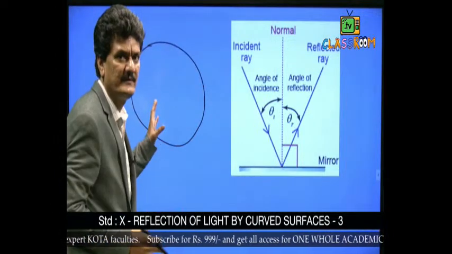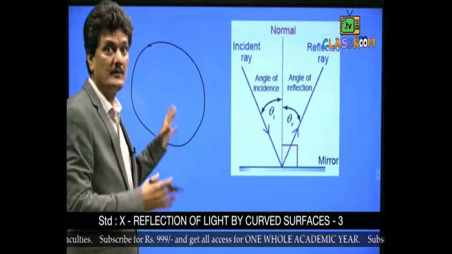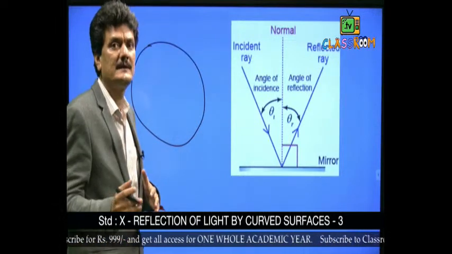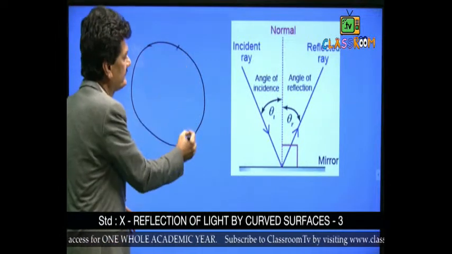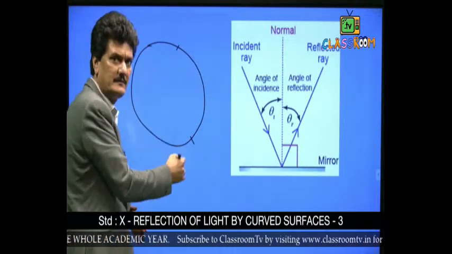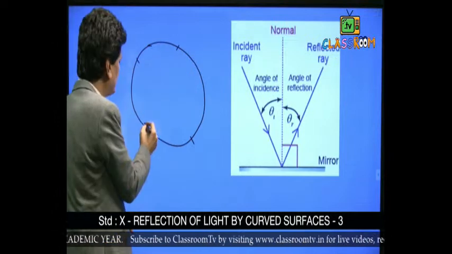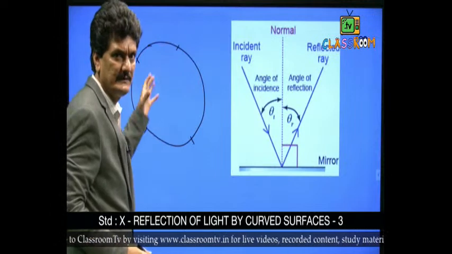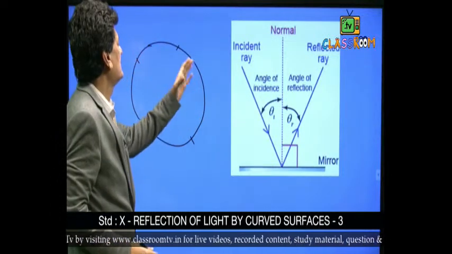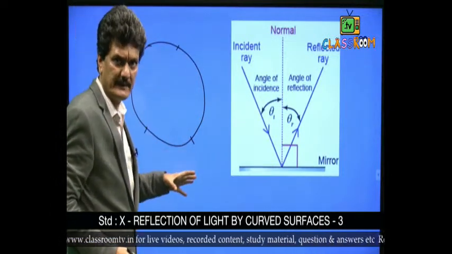So this circle represents the sphere, out of which the spherical mirror has been carved out. So that means here this can be your curved mirror, this can be your curved mirror. So anywhere along the circle you can carve out the spherical mirror.